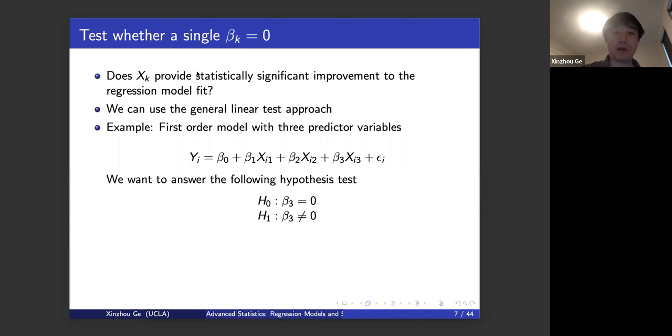For example, if we want to test whether beta 3 equals 0, it actually means that when we already have the first two predictors, x1 and x2, whether adding this third predictor x3 into the model will improve the model prediction, whether it will give some actual linear relationship between this predictor and the response.